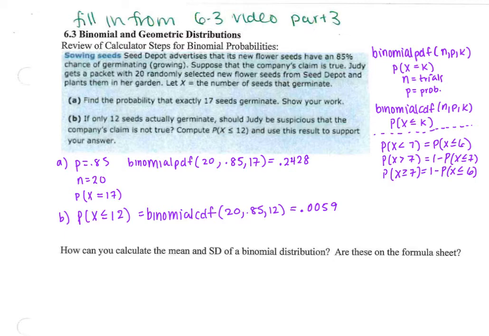Well, if you think about it, we would expect 85% to germinate. So the company's claim could still be true, and that would be unusual for this to happen. So it's unusual for this to happen. So the claim is probably true.